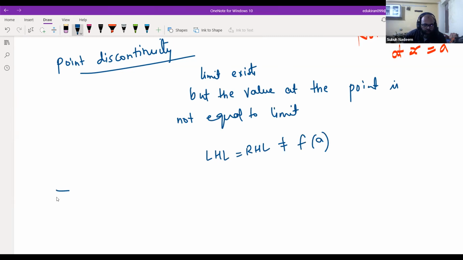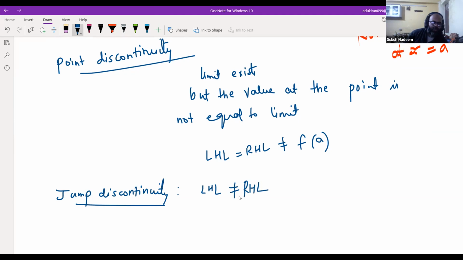Another one was jump discontinuity. Jump discontinuity is that if we have a limit that does not exist, that is, the left hand limit is not equal to the right hand limit, that you can say.